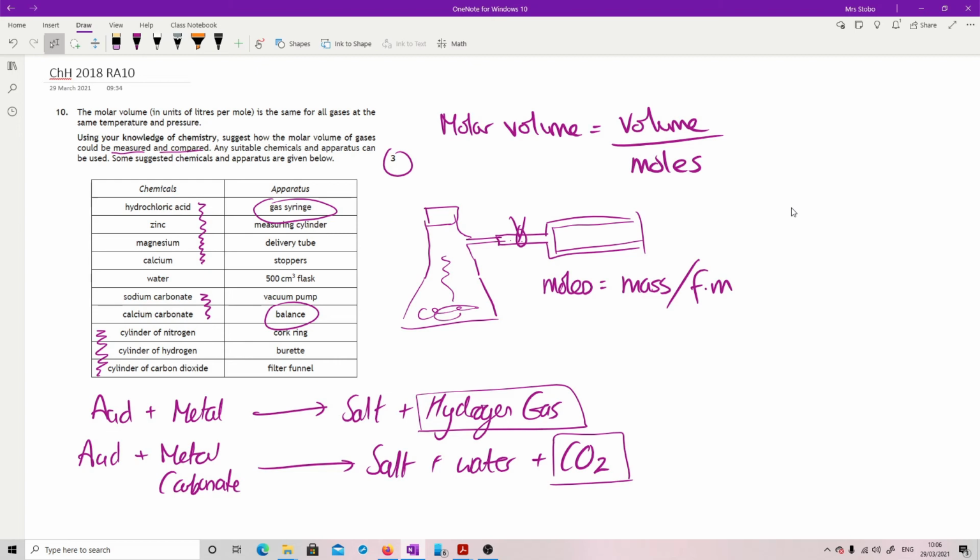Measuring cylinder I'm not quite so happy about using. It would work really nicely in terms of capturing the gas because you just do displacement over water, just using downward displacement. If you've got your kind of tube coming in here and you've got your water all the way across and you've got whatever you're collecting it in, so measuring cylinder would be the one that I would expect. And you will get your gas collecting in here and pushing the water down.